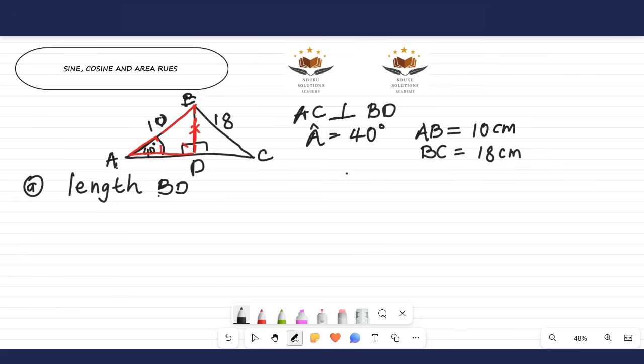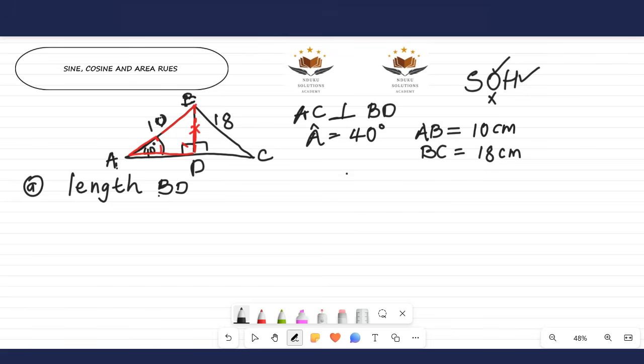So we start with the one that has more information. We have the opposite side, and we are also given the hypotenuse. So you will automatically think of your sine, because it has more information. You have the opposite side, that's what you're looking for, and you are also given the hypotenuse, and you have an angle there.